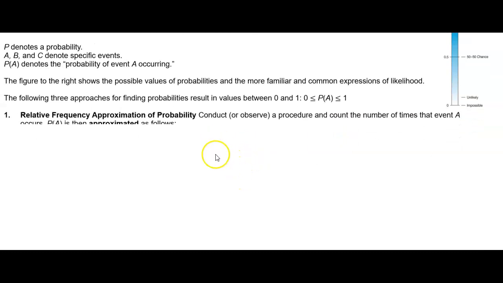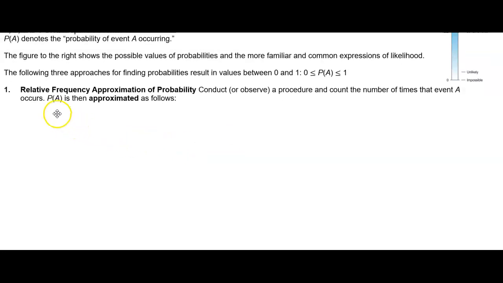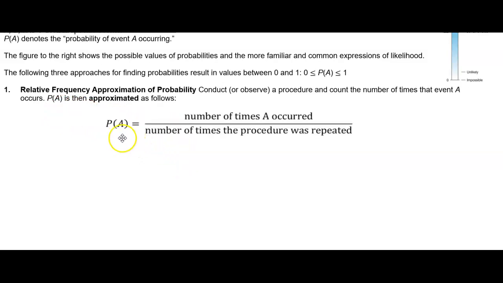Let's first take a look at the first one. This is the relative frequency approximation of probability. You conduct or observe a procedure and count the number of times that event A occurs. The probability of event A occurring is then approximated as follows: the probability of event A occurring is equal to the number of times A occurred in the numerator divided by the number of times the procedure was repeated in the denominator.